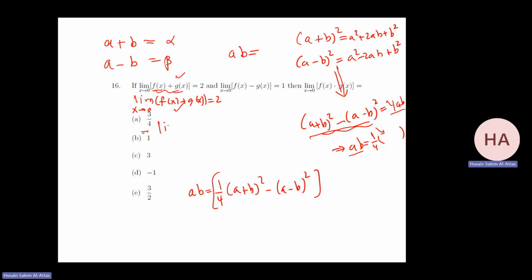I can say the limit as x goes to 0 of the product of these two functions, they are the same, squared, that will be 4. And I can use the same trick for this one. So I have the limit of (f of x minus g of x) squared, that will be 1.